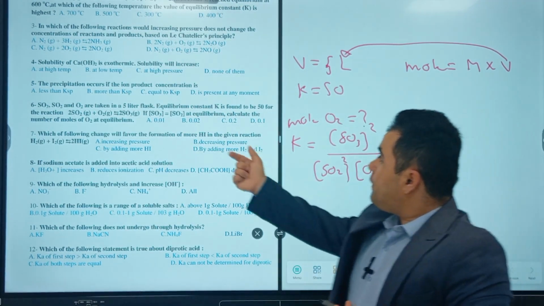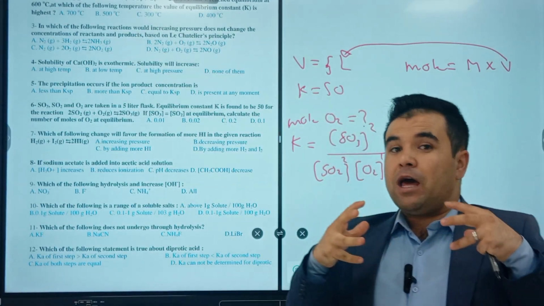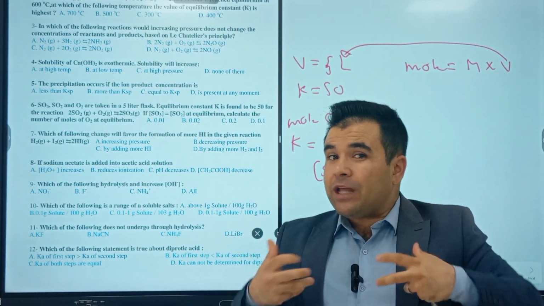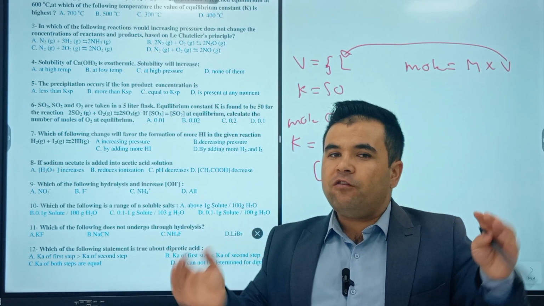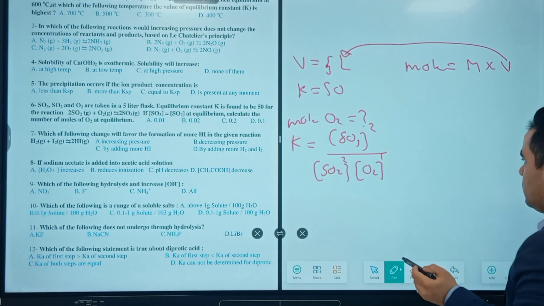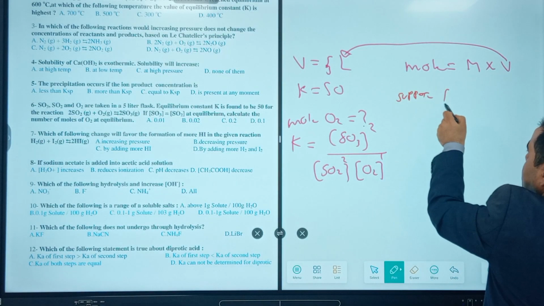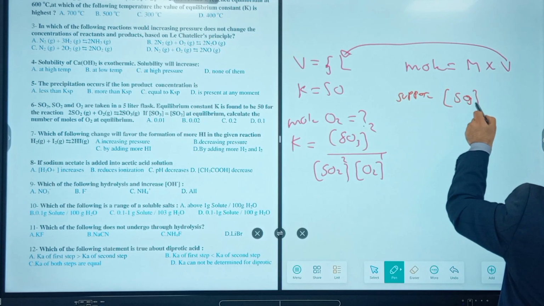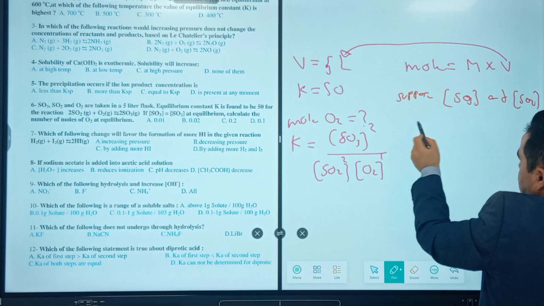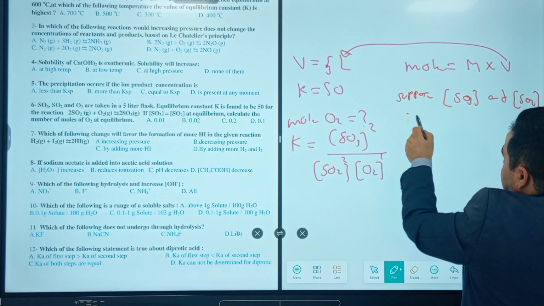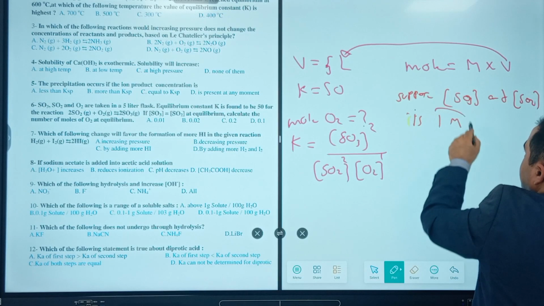But as you can see, the values of SO3 and SO2 are not given, but the statement says they are equal. So you can put any value but equal: 1, 2, 3, half, but they should be equal. Suppose the concentration of SO3 and SO2 both are equal, say 1 molar.